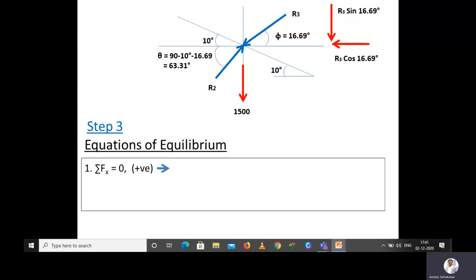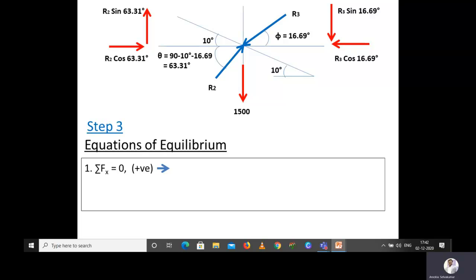Next we have another inclined force, that is R2. R2 will again have 2 components, one horizontal and another vertical. The horizontal component is R2 cos 63.31 degrees, and the vertical component is R2 sin 63.31 degrees.